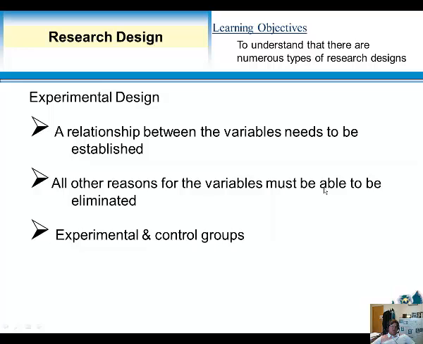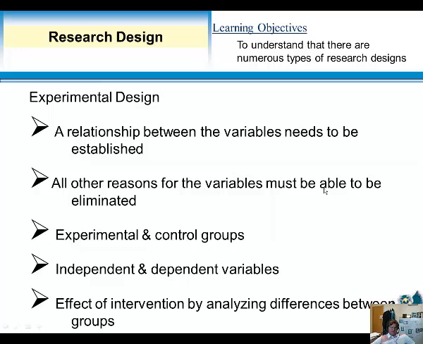In the traditional quantitative research design, that often leads us into conducting studies, as we've discussed in our last lecture, with experimental groups and control groups with independent and dependent variables.